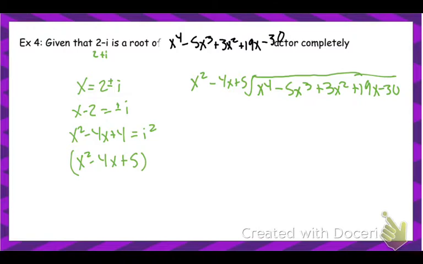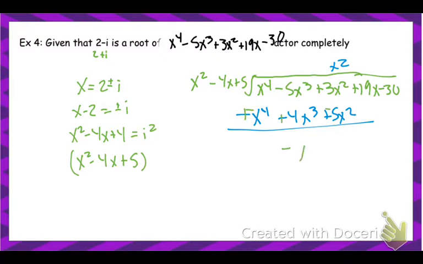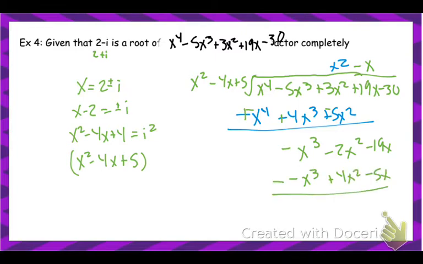Okay, so now, doing this again, I'm going to get x squared. I'm going to subtract. So that becomes negative x cubed minus 2x squared minus 19x, which means that I would then have minus x, multiply that across, subtract, and then do it again.